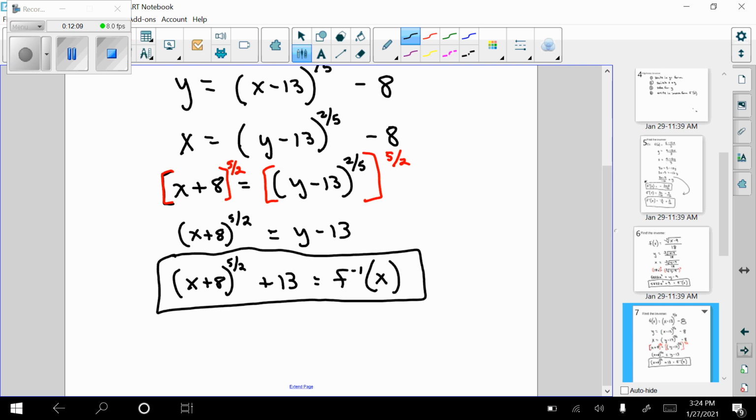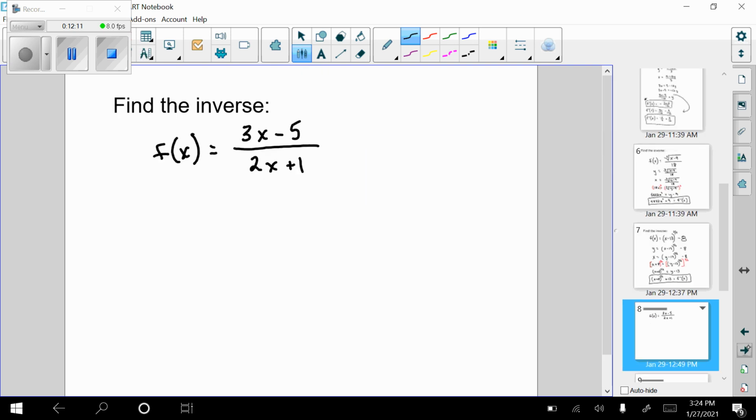Okay, so there's a few, one with rational exponents and one with the cube root. So now we're going to do a rational, which sometimes gets a little more complicated. So I have y equals 3x minus 5 over 2x plus 1.